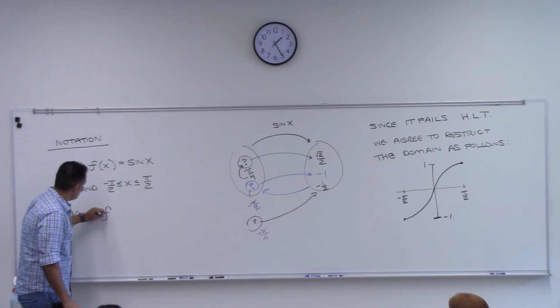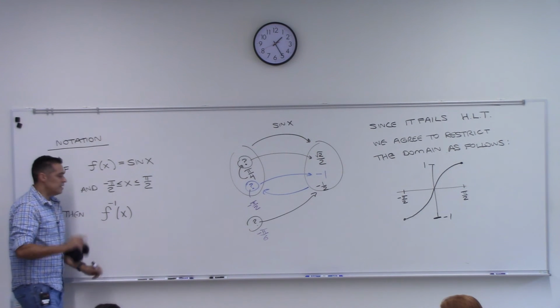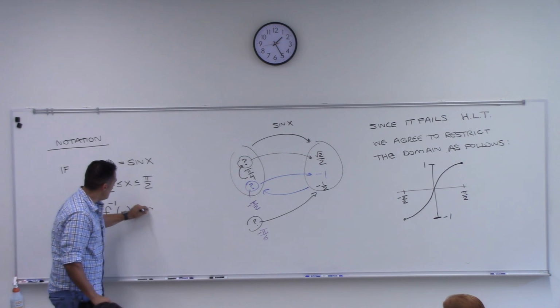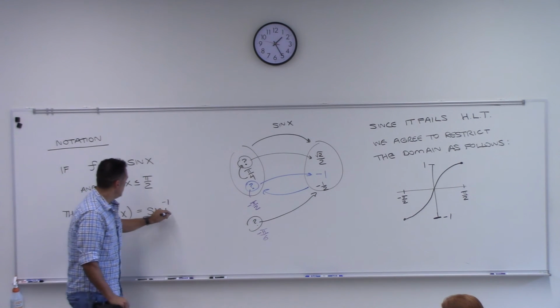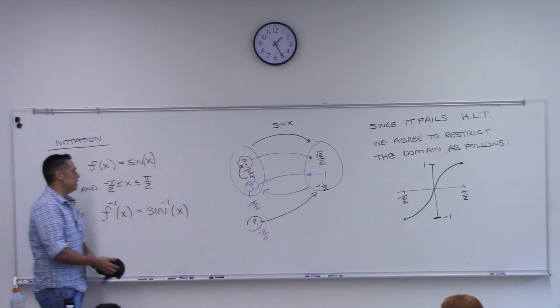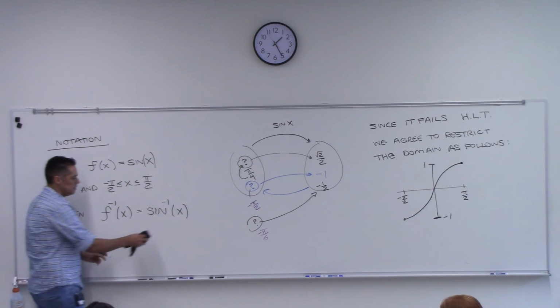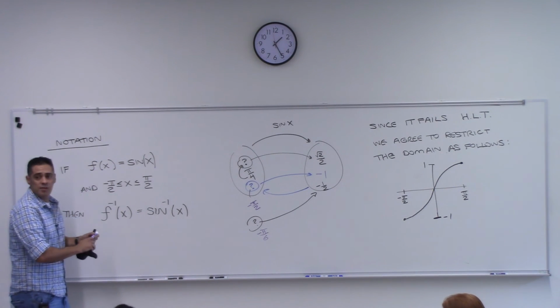the inverse function, which we use that little -1 for, is written this way. Sine with a little -1 right there, and then you can put parentheses around the x. You don't have to put parentheses around the x, but it doesn't hurt to have them. That is the new notation for the inverse of the sine function.